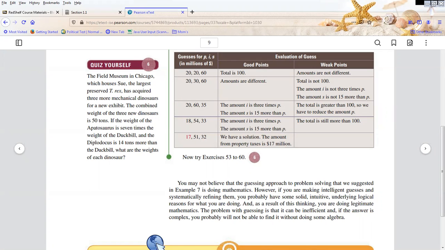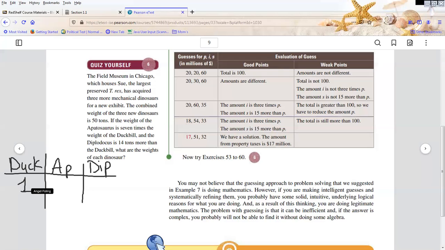So we have the Apatosaurus, we have the duckbill, and we have the Diplodocus. Okay, so if, for example, the duckbill weighs 1 ton, the Apatosaurus is 7 times the weight, so then we have 7 tons.